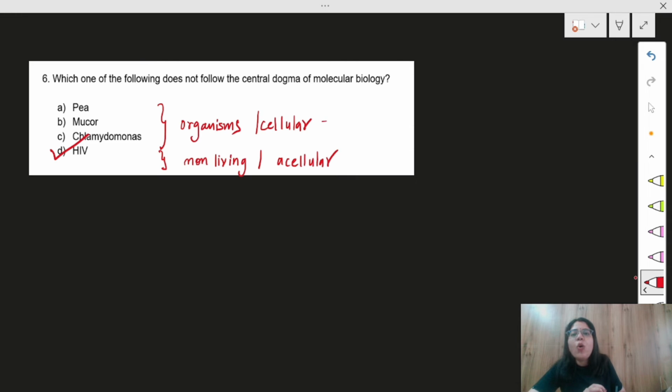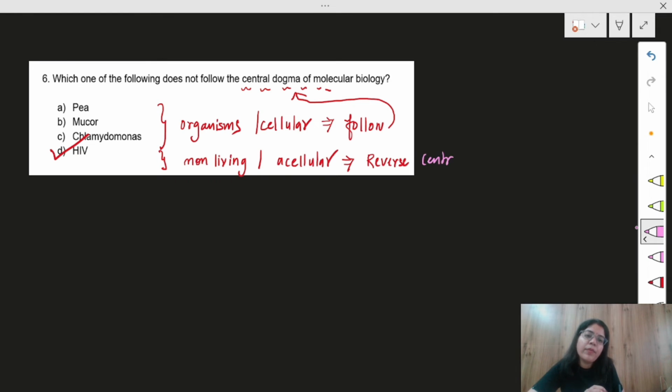And I told you all the organisms follow the central dogma of molecular biology, except this. They follow reverse central dogma. Viruses carry their own enzyme which is called reverse transcriptase, by which they allow the flow of genetic information in a reverse order. From RNA, they will be making DNA, right?